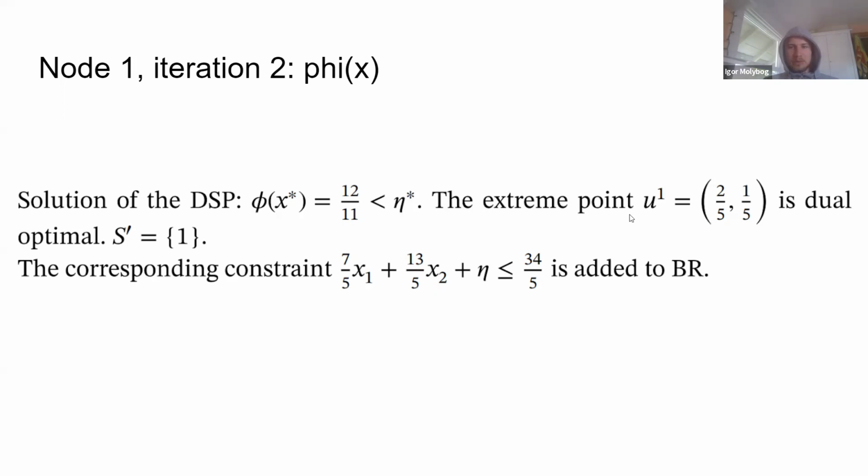The extreme point corresponding to this value, 12 over 11, is equal to u1, which has the components 2 over 5, 1 over 5.